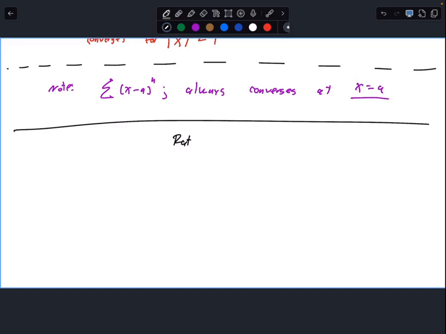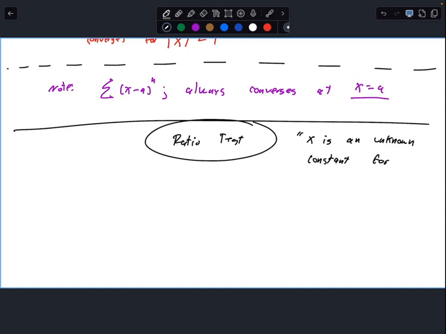Ratio test. We know from the ratio test, and so in doing this, x is just an unknown constant. Okay? For the following limit.